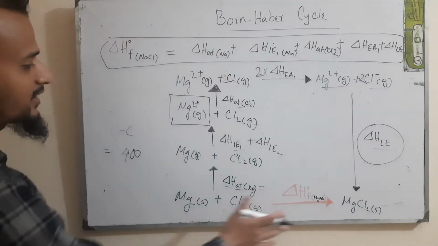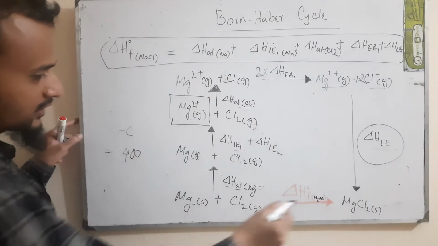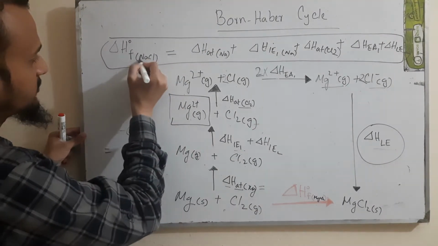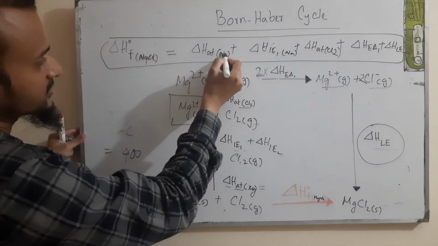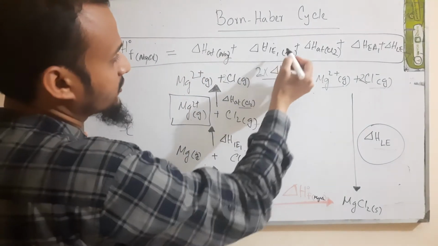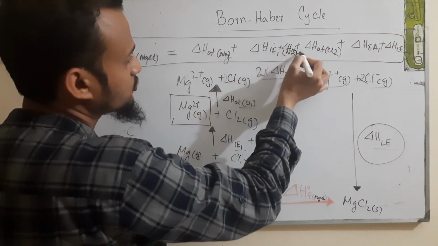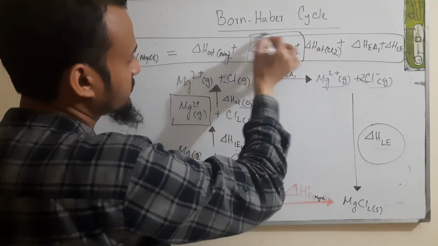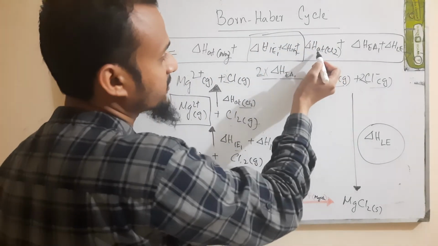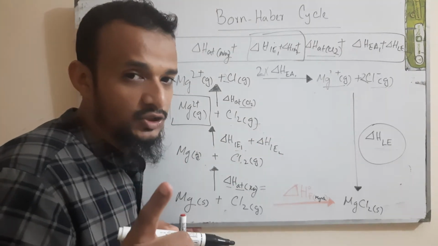Now you can apply this here. So the formula would be delta H F of MgCl2, delta H atomization of magnesium, ionization 1 plus delta H of ionization energy 2. There are 2 ionization energies, right? Delta H atomization of chlorine, of course, but the value will not be half of Cl2.